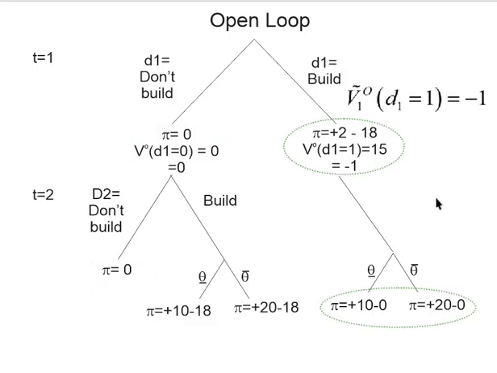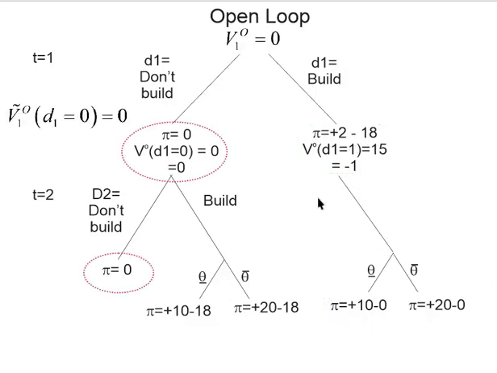On the other hand, the open loop payoff, if you decide to build, is equal to minus 1. So you get minus 18 in period 1, plus 15 in period 2, and that's minus 3... that is, minus 18 plus 15 gives the payoff of the open loop decision rule. You maximize over the two, and we end up with an open loop payoff value of 0, which is associated with the decision rule: don't build, don't build.